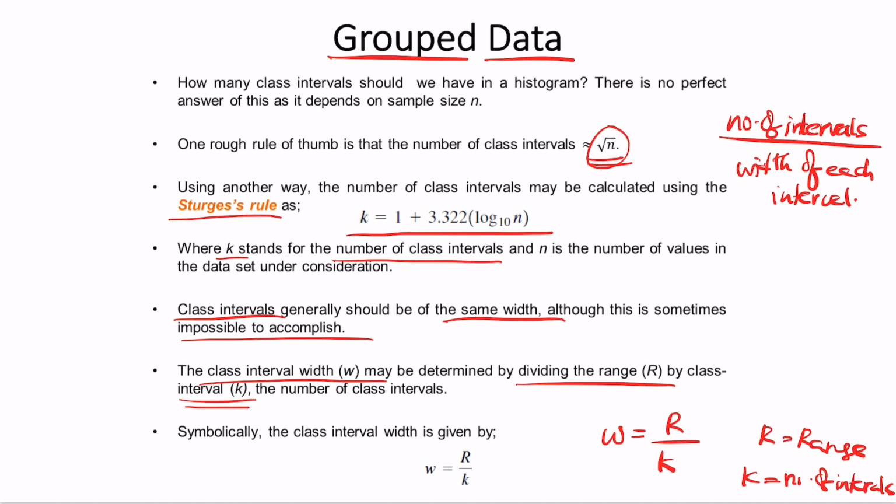For example, if the range is 100 and you have a total of 10 class intervals, then the width of each interval is 10. Or if the range is 200 and the total number of intervals is 5, then each interval has a width of 40. This is how we split the data into its own intervals.